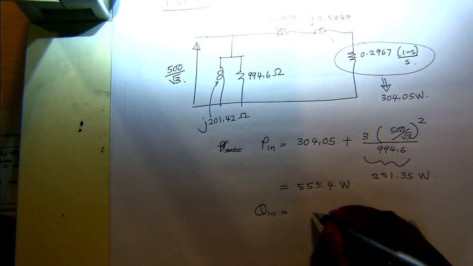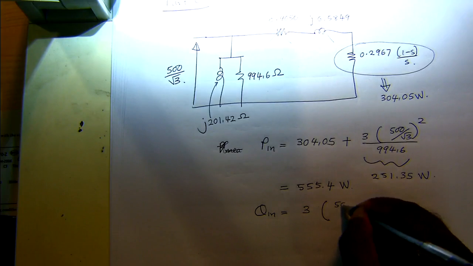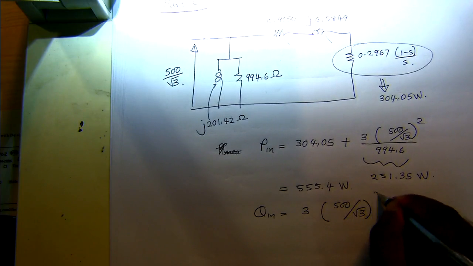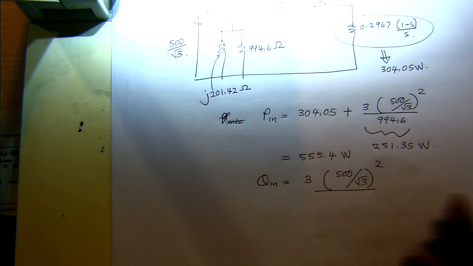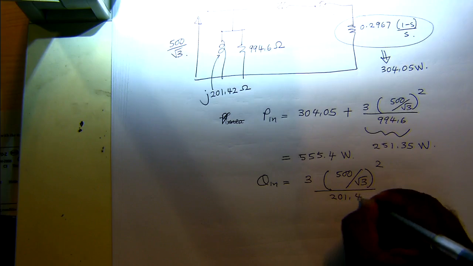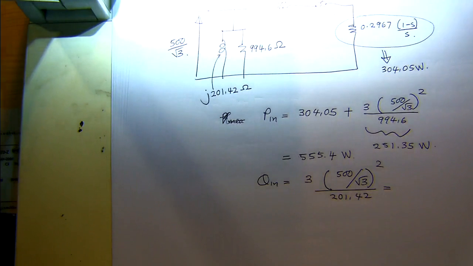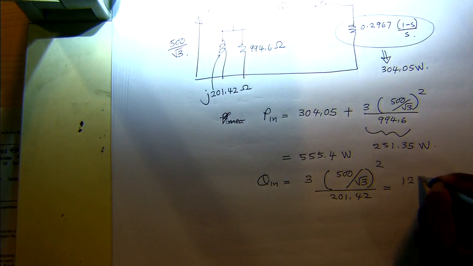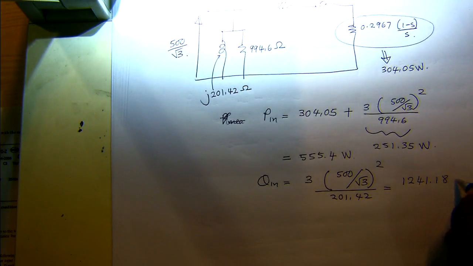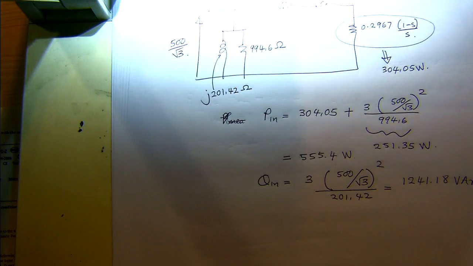So Q in will be 3 times 500 over root 3 squared divided by 201.42. That's your reactive power input, which is 1241.18 volt ampere reactive.